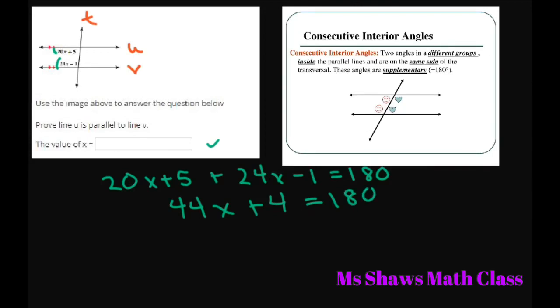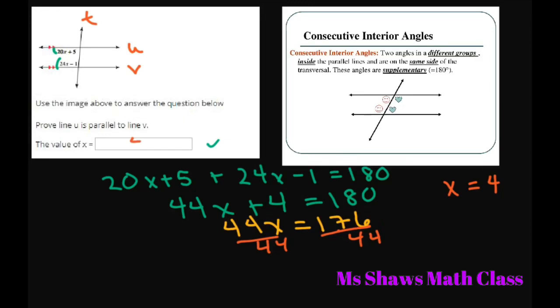Subtract 4 from both sides, you get 44x equals 176. Divide both sides by 44, and you get x equals 4. As you plug it back in and add them up, you will get 180.